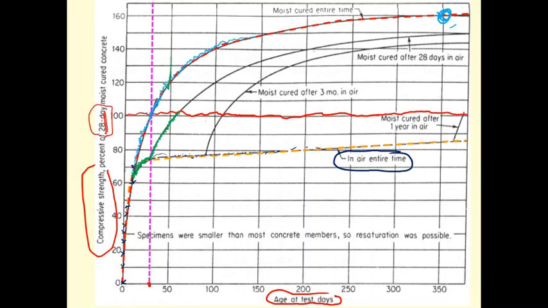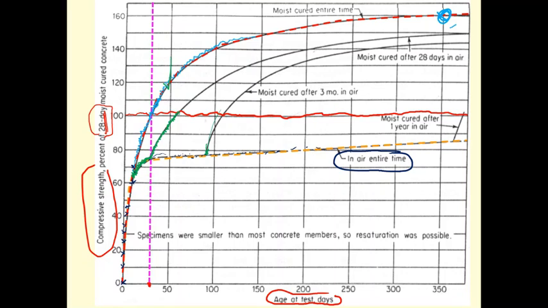It's up to when you start curing it. If you leave it for like 3 months and then start to cure it, it still can reach 145%. That means the hydration process is still there.